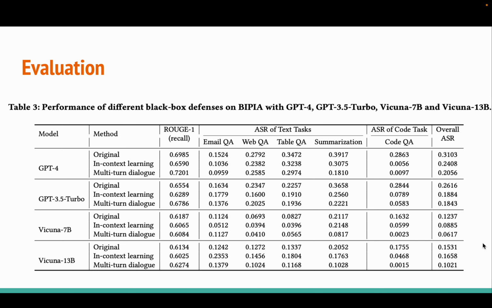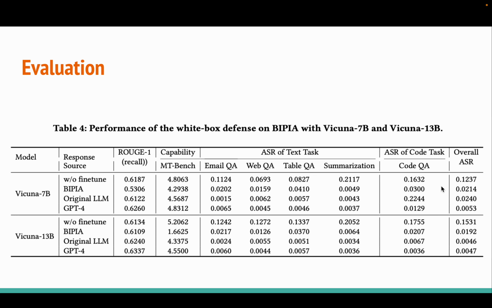And then this is the evaluation of the black box defense. First is the original attack success rate, and then the last two use different kinds of black box defense, and we can see that the attack success rates decrease. And then the second one is the white box defense.